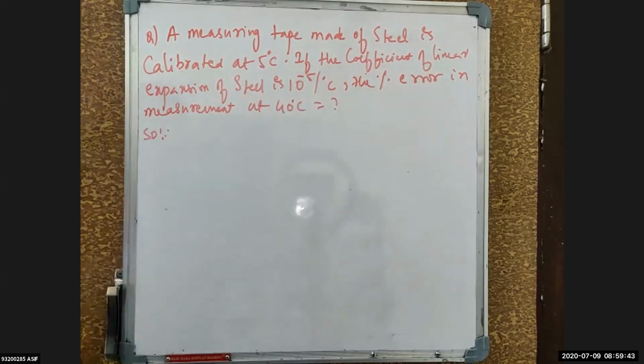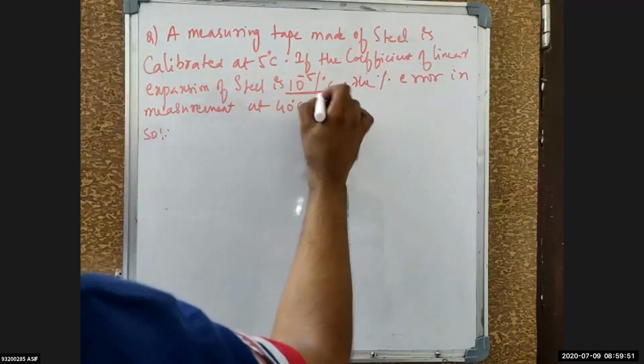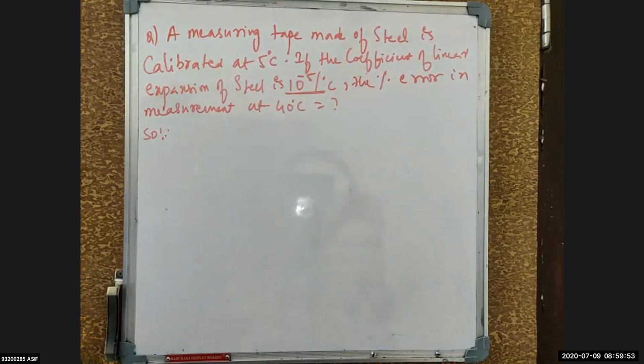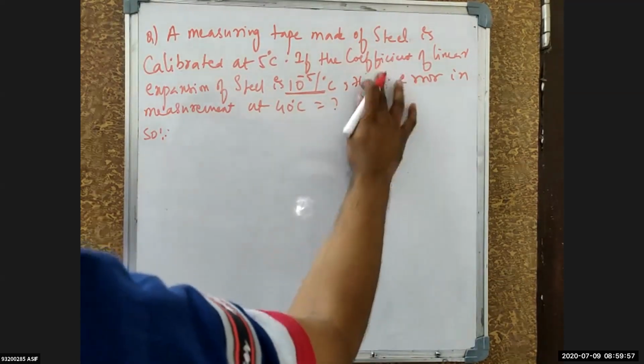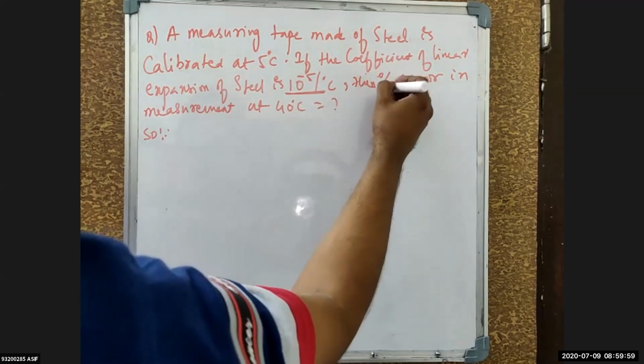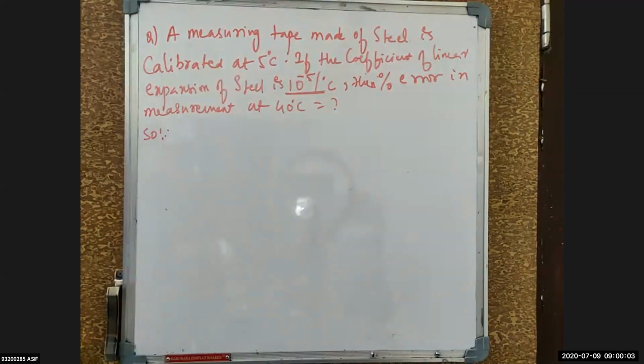This is the question. A measuring tape of steel is calibrated at 5 degrees centigrade. If the coefficient of linear expansion alpha of the steel is given as 10 to the power of minus 5 per degree centigrade, then the percentage error in the measurement at 40 degrees centigrade is equal to how much? Scales concept I told you.